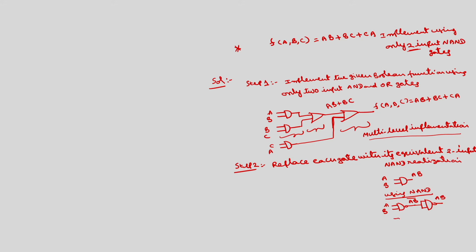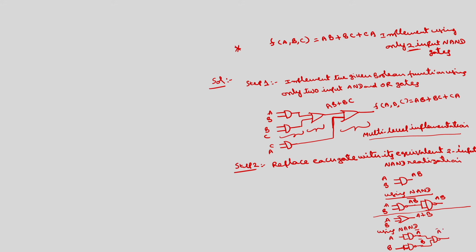Similarly, if I want OR, suppose if you have something like A B only, I want A plus B. So, this is using NAND. So, first you write A, these two inputs are same, A into A whole bar is equal to A bar, this is another B, B bar, then you take another NAND gate.